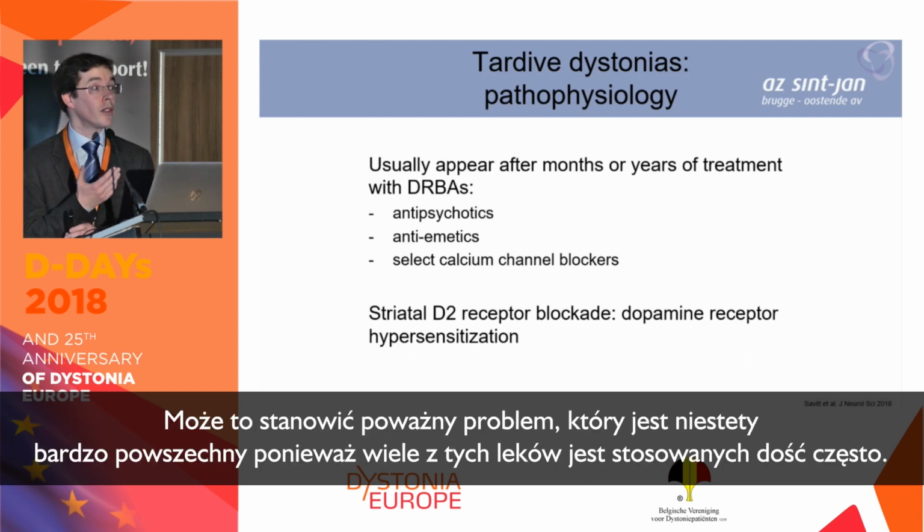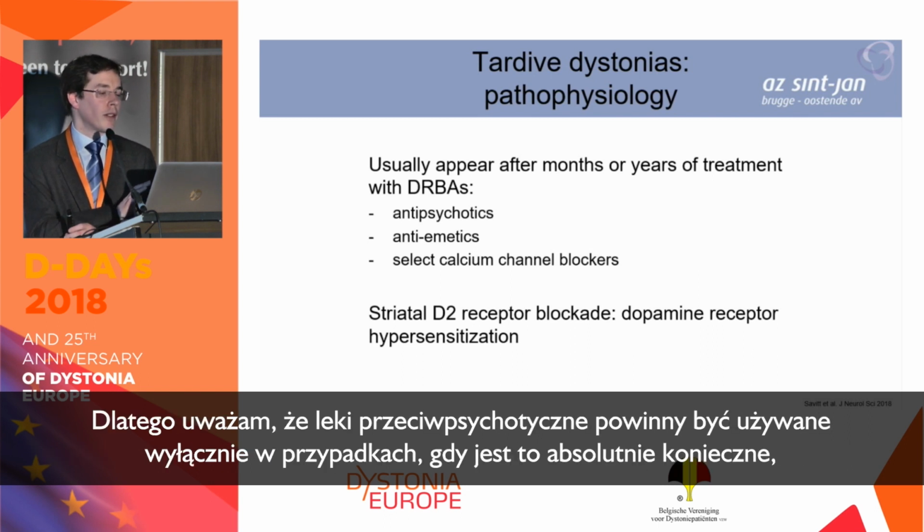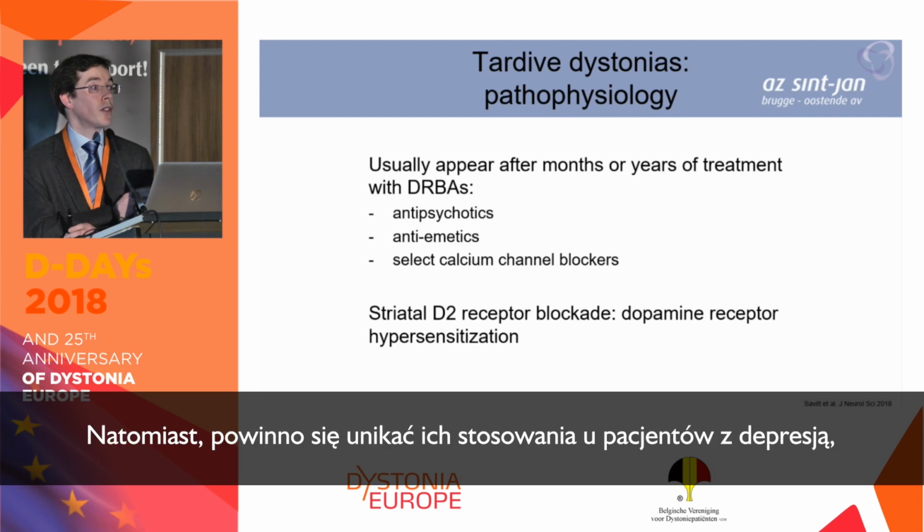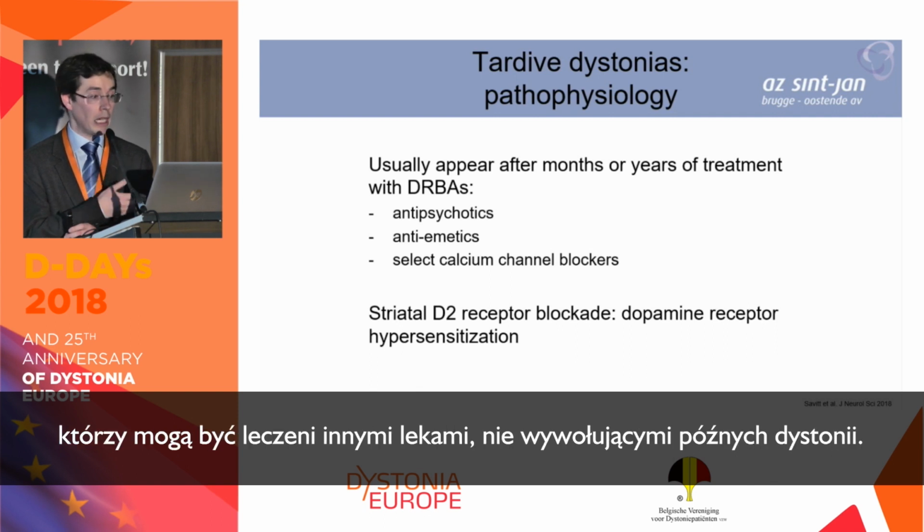That can be a very serious problem, and it's unfortunately all too common, because many of these drugs are used quite often, and therefore I think it's very important that antipsychotics are used only in cases where it's absolutely necessary, for example in patients with a very severe schizophrenia, but that their use is preferably avoided in patients with a depression that can be treated with other medications that can't cause these tardive dystonias.